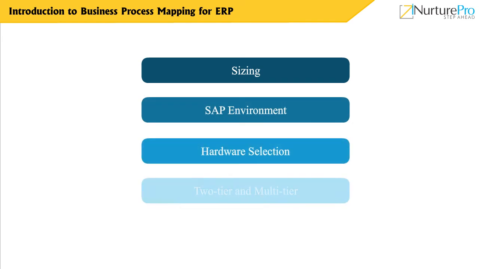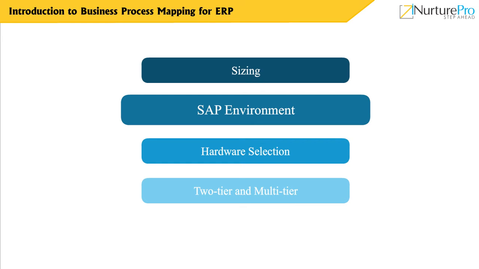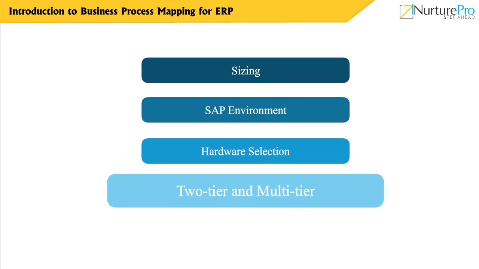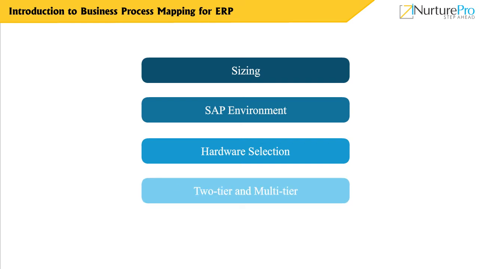Selection of ERP implementation or hardware can be done by sizing, SAP environment, hardware selection, two-tier and multi-tier. Sizing is a software implementation estimate of the hardware resources. Several resources are available to support sizing, and solution sizing sheets help to respond to customer requests.